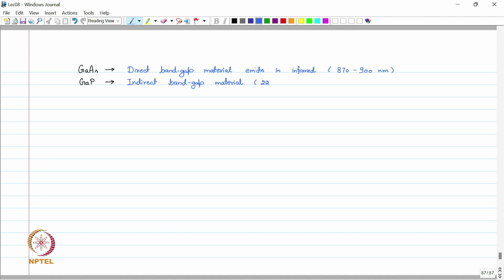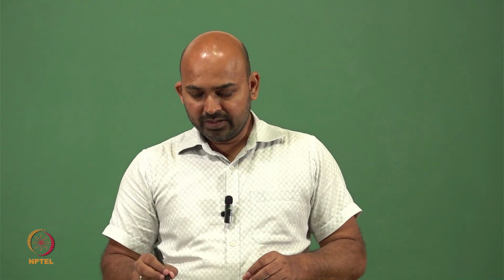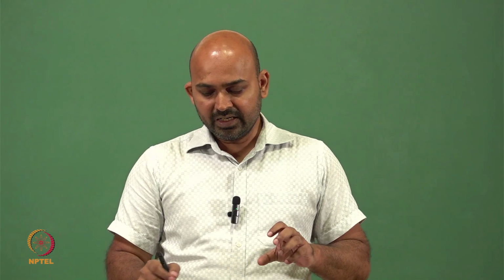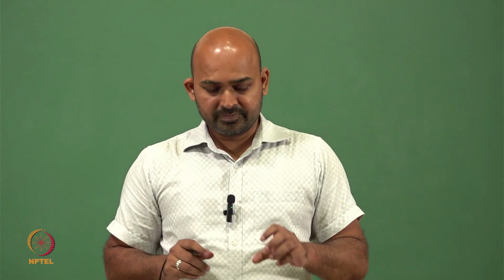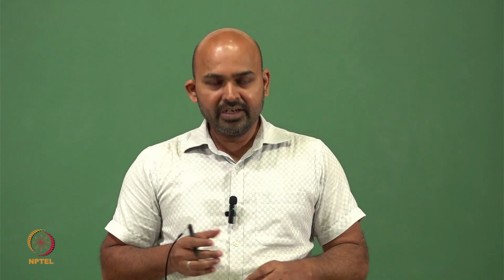The band gap is around 2.2 electron volt. So here we have now two materials. One is gallium arsenide, which is a direct band gap material, and the band gap is such that it emits in the infrared region. And another material is gallium phosphide, which is an indirect band gap.